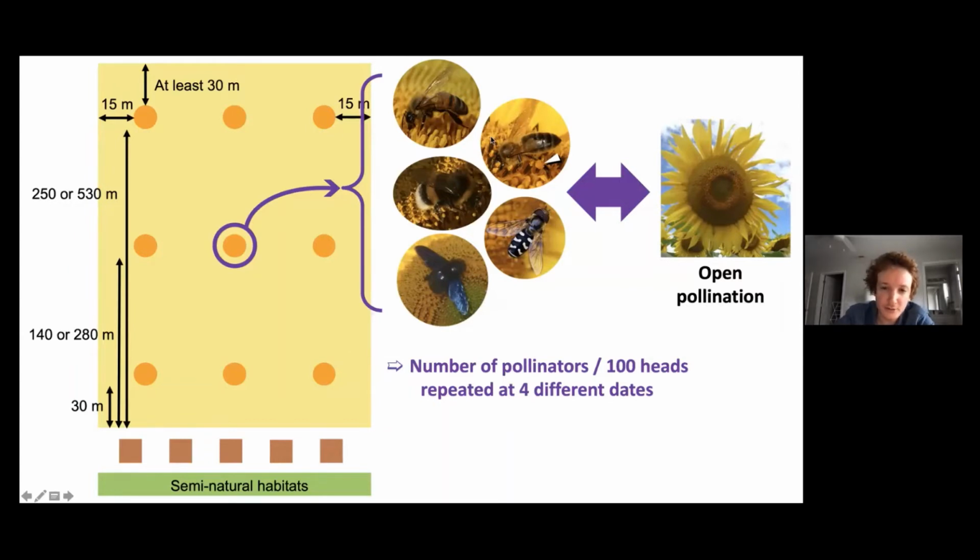And we also counted the wild pollinators, such as the bumblebees, syrphid flies, and other solitary bees. And we made the relation between this pollinator density and the yields obtained with the heads which were left in open pollination.